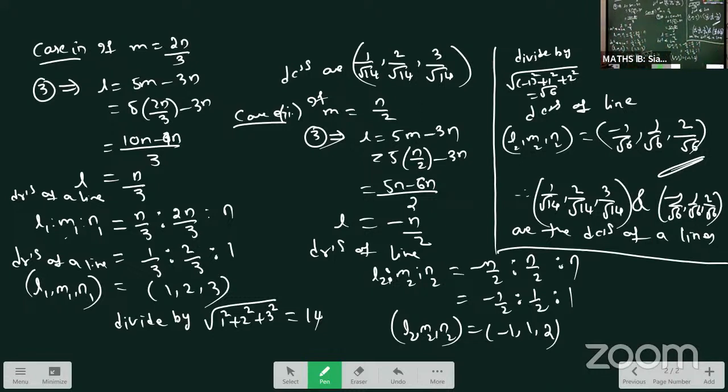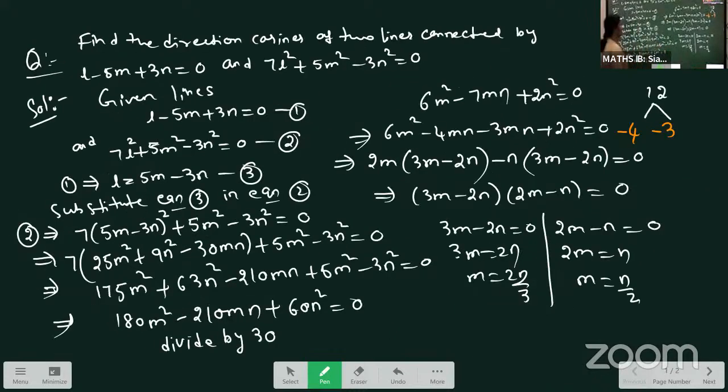When a quadratic equation is given, directly by taking case 1 and case 2, we will get two different direction ratios. By dividing them by under root of a square plus b square plus c square, we will get the direction cosines of the two lines. This is how you have to go.